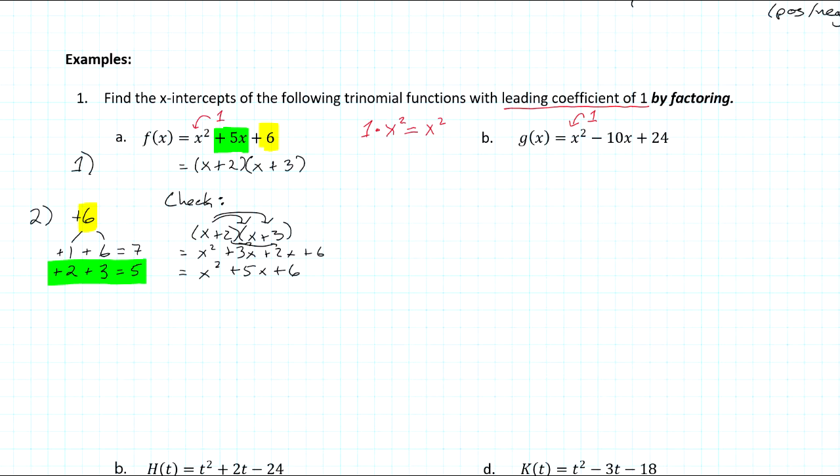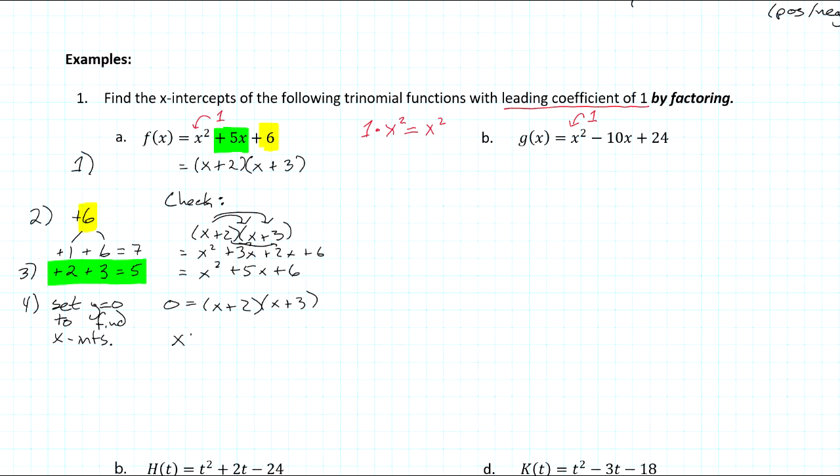All right, so now let's find the x-intercepts. Per request in the problem, 0 equals x plus 2 times x plus 3. So we're setting the y equal to 0 to find the x-intercepts.